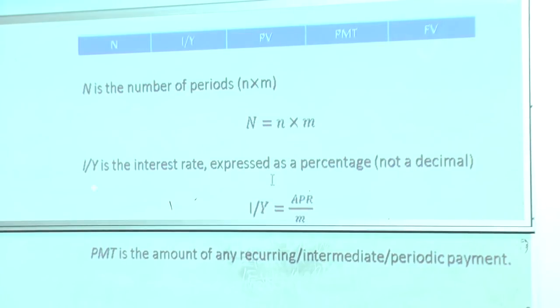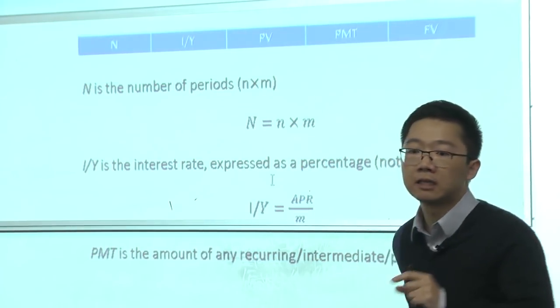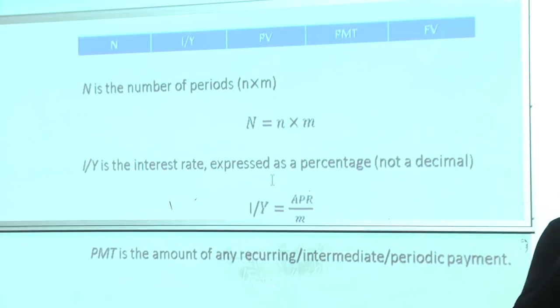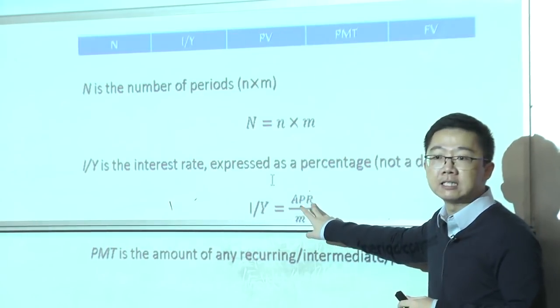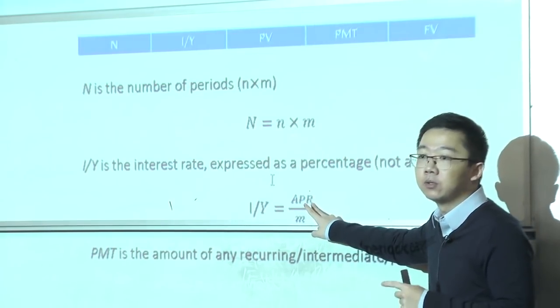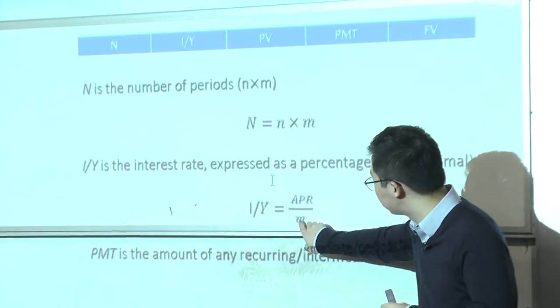I/Y is the interest rate per period. It's not the annual interest rate, it's not a semi-annual interest rate, it's per period: the interest rate that actually happens for that specific individual period. So it is the APR, we all learned that, the stated nominal interest rate, divided by the number of periods in each year.